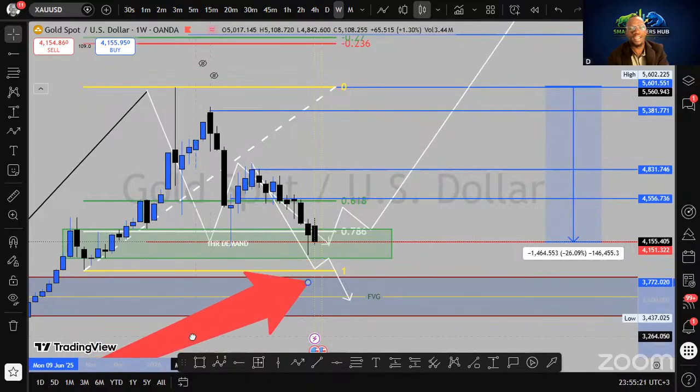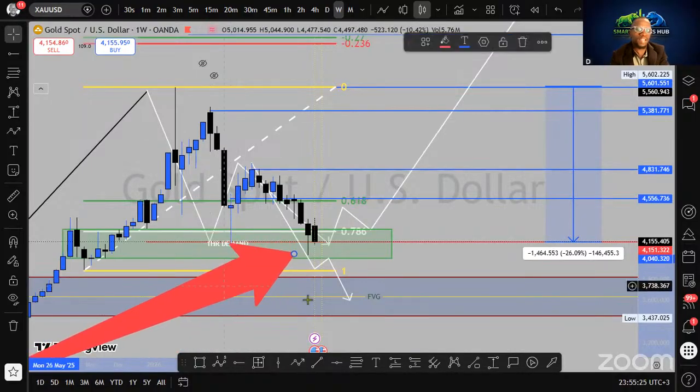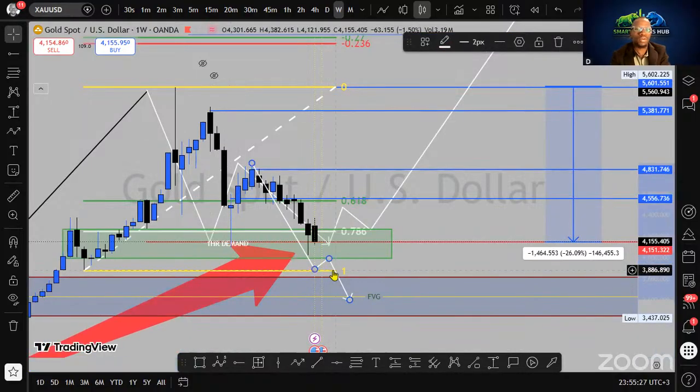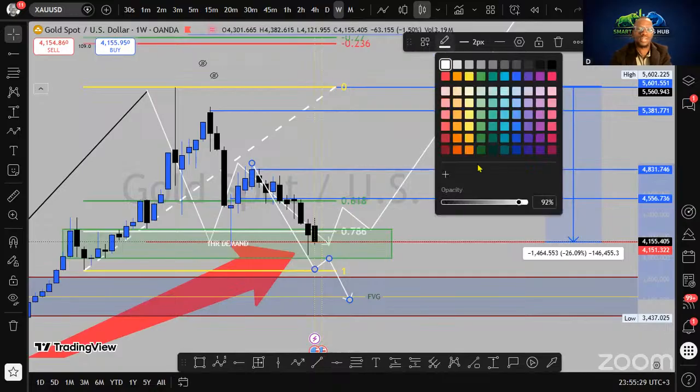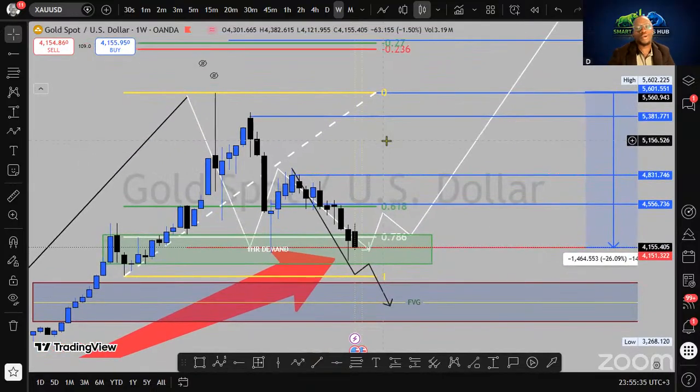So technically, we are at a very strong demand area right now. These are the two scenarios. The best thing is if you can identify where price wants to go, then trading it becomes a little bit easier for you. If you're able to know where the big boys want to jump in and where they want to jump out, you're able to just capitalize on it, take your profit and wait.